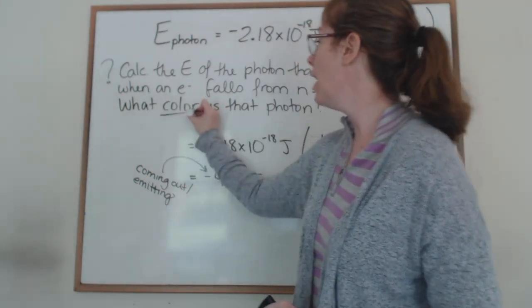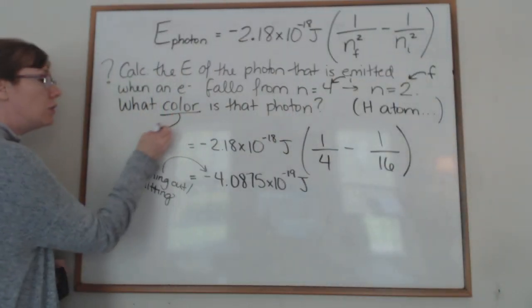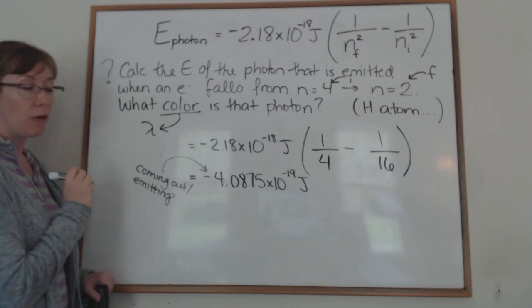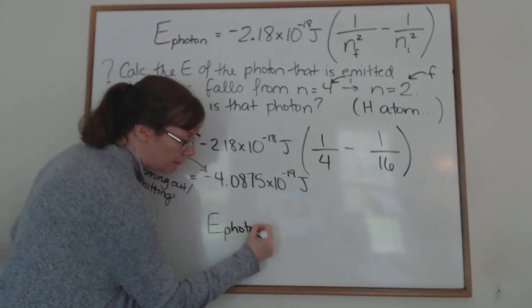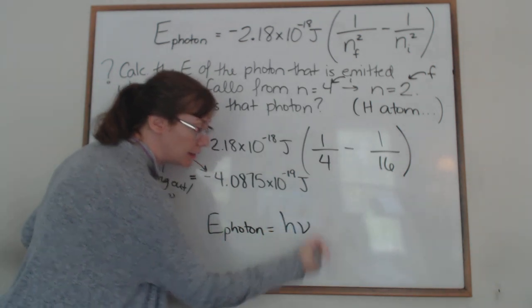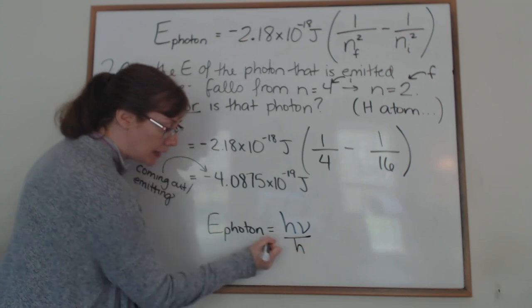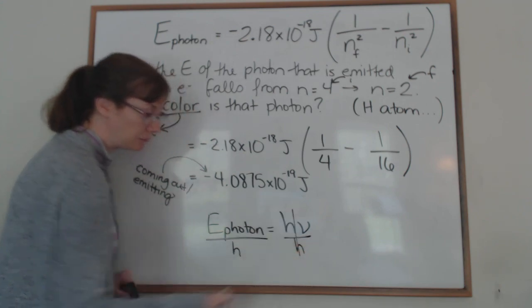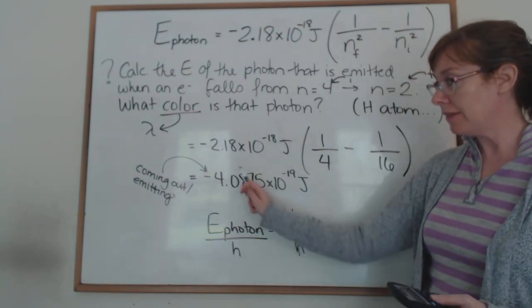Now, what color is that photon? Understand, color is related to wavelength. If we remember that the energy of a photon is equal to Planck's constant times frequency, and we divide both sides by Planck's constant, we get frequency. So let's take the energy of that photon.